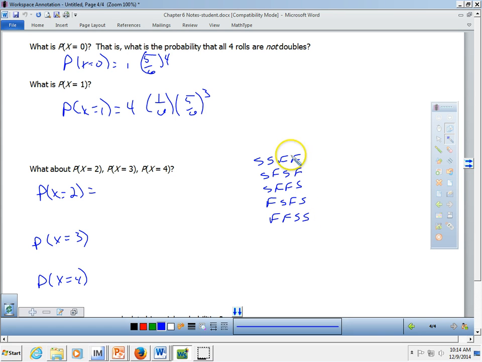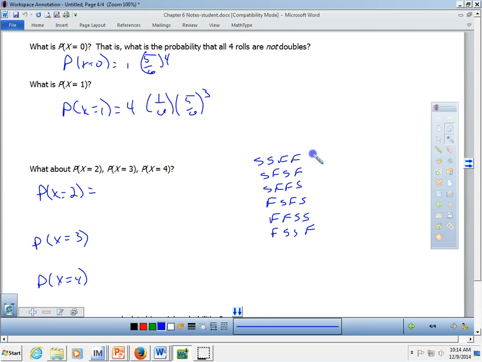I could get, let's see. Oh, I somehow missed 2 in the middle. So I can go this, this, and this. Okay, so there's 1, 2, 3, 4, 5, 6 different ways this can happen.